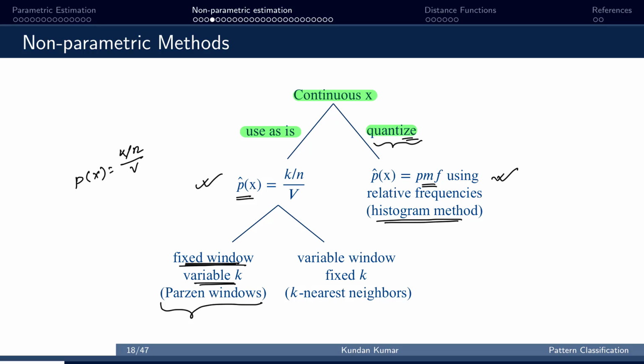If we vary the volume and fix the number of samples in that volume, then that approach is called the k-nearest neighbor approach. So here we have three approaches to non-parametric parameter estimation techniques.